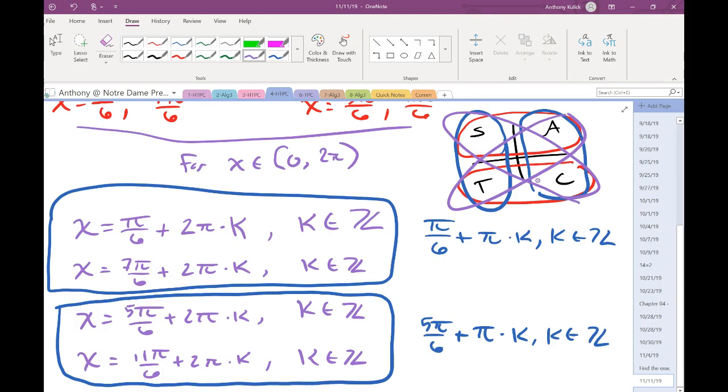And in fact, they'll always be pi units apart like that. So whenever I'm dealing with a tangent function that I'm solving, I know that this sort of thing can happen, and likely would happen. Is that okay?